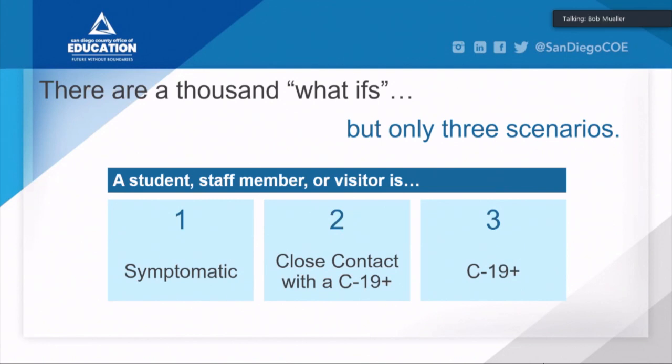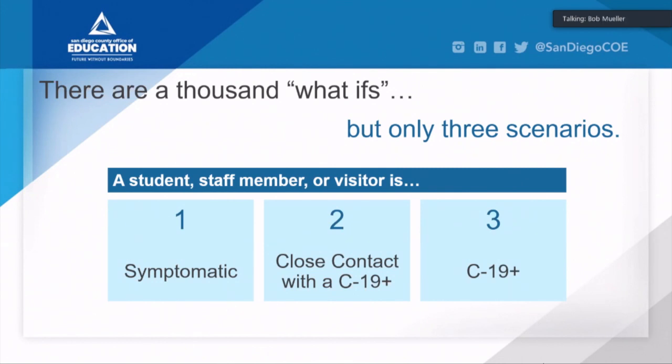A student or staff member or visitor on the campus either has symptoms, or they've been in close contact with someone who's been identified as having COVID-19, or they themselves have COVID-19 and there could be close contacts on the campus with them that we need to be concerned about. All the other scenarios, my wife works with someone who's being tested for COVID-19, can I still come to work? All those other scenarios don't matter unless they fit into one of these 3 categories.